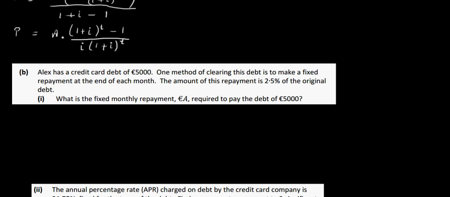They're calling it A here as well. All you've got to do is get 2.5% of 5,000. So that's 0.025 multiplied by 5,000 euros, and that gives you 125 euros. So he's got to pay back 125 euros at the end of each month.